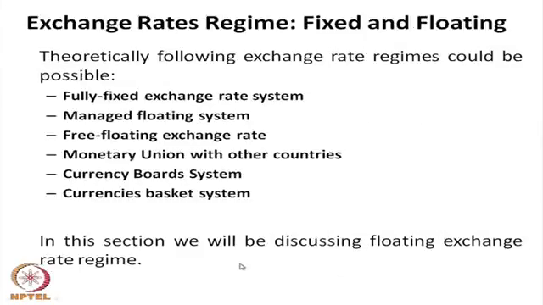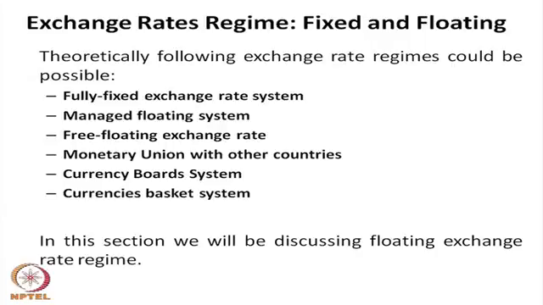Theoretically, in between fixed and floating many exchange rate regimes are possible: fully fixed exchange rate regime, managed floating exchange rate regime, free floating exchange rate, monetary union with other countries, currency board system, and currency basket system. The fully fixed and freely floating are the extremes.